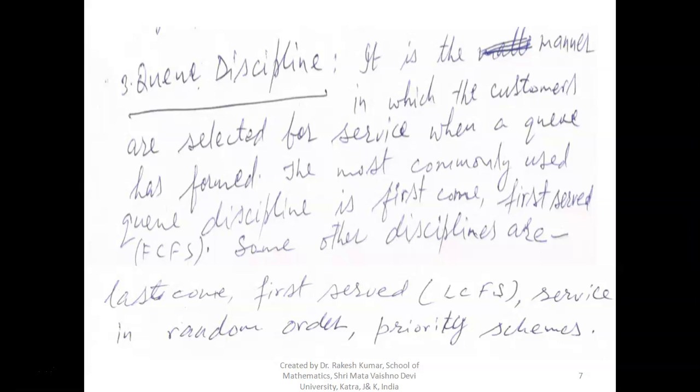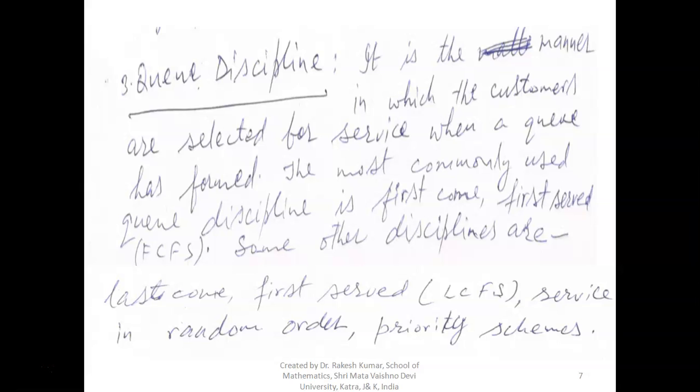It is the way in which the customers are selected for service when a queue has formed. The most commonly used queue discipline is first come first served. Some other queue disciplines are last come first served, service in random order, and priority schemes.